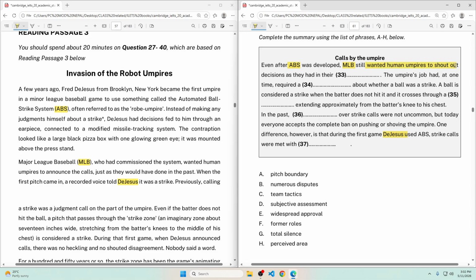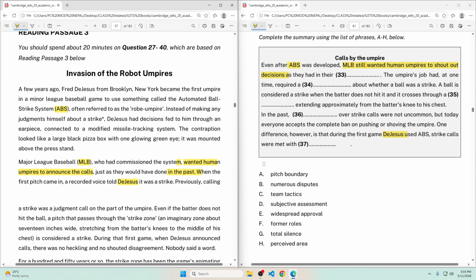Wanted human umpires to shout out decisions, just as they would have done in the past.